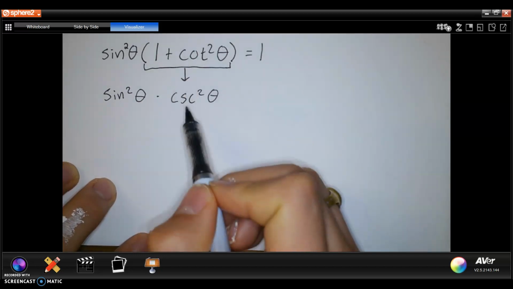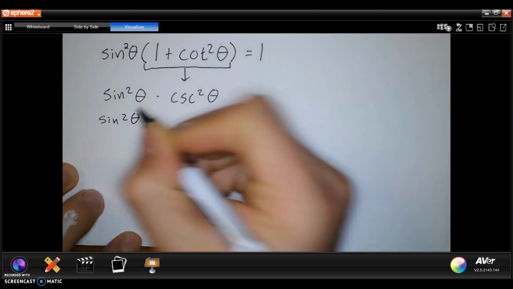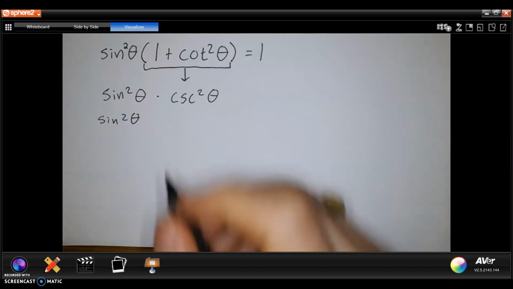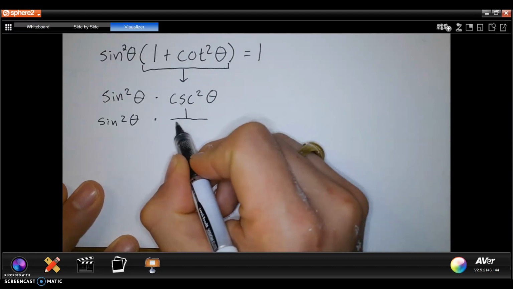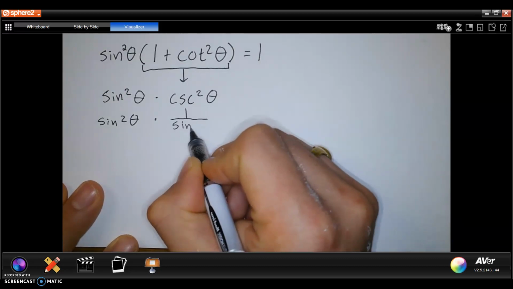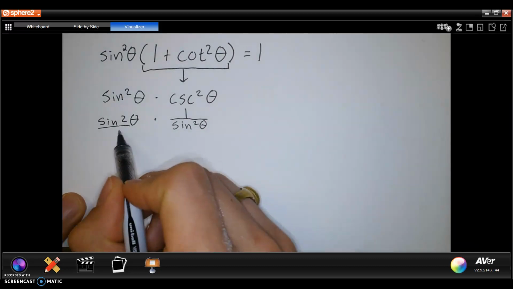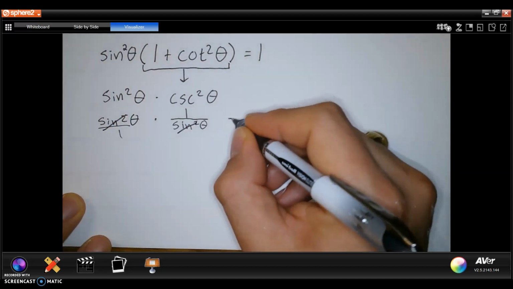Again, we turned two terms into one. Now we have a product. Remember, when we have a product, it's helpful to rewrite things in terms of sine and cosine, kind of putting the first example and the second example together. We know that cosecant is the reciprocal of sine. So we have sine squared in the numerator and sine squared in the denominator. They both cancel out.